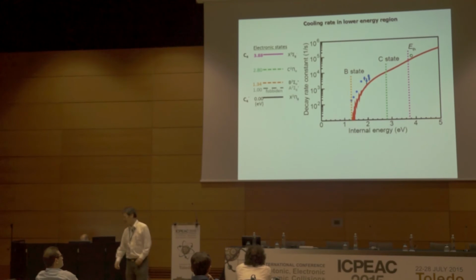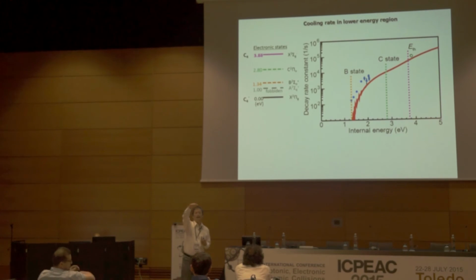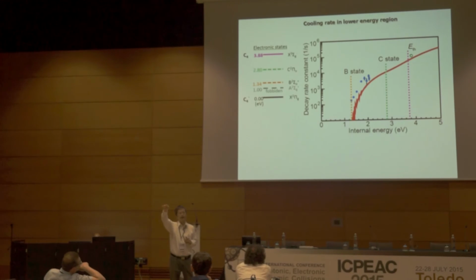So now we know such a situation can be found for various ions, and also various molecules. This is possible if there is some threshold, which can be detachment or dissociation or any threshold. Below the threshold, the highly vibrationally excited molecules are stable.